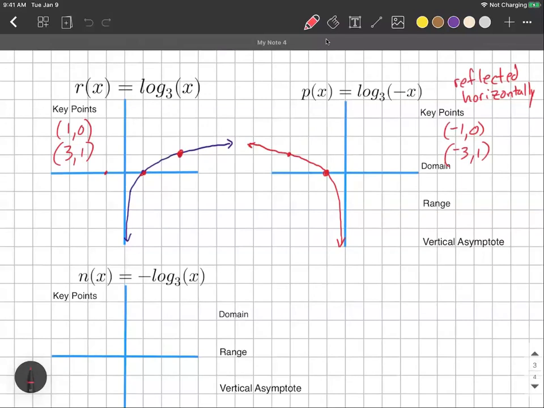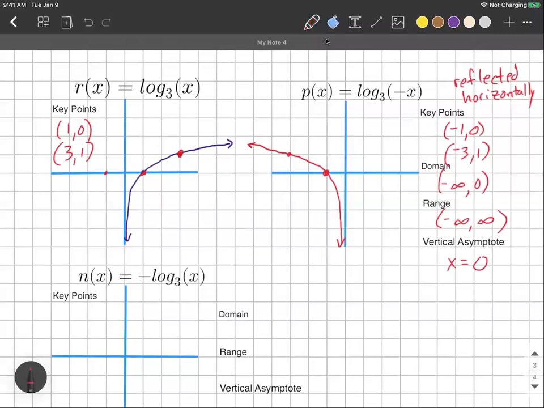The domain now has changed because we get to the left, that goes off to negative infinity for an x value, and then it continues to the right up until it almost gets to the y-axis, which is at an x value of 0. Now our range is going to go still from negative to positive infinity, and you're going to notice on all of these log functions, the range is always going to be negative to positive infinity. And our vertical asymptote is still at the y-axis. So we say it's at x equals 0.